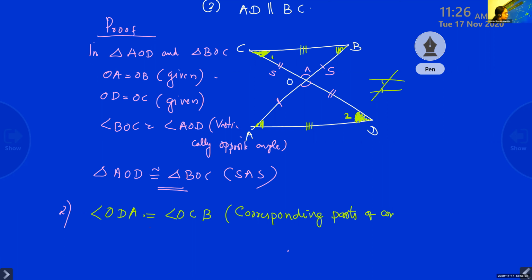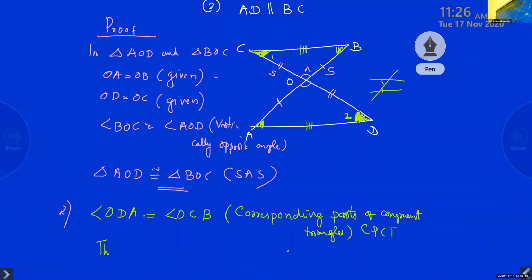We use one abbreviation for this. What is that? CPCT. Do you remember all those things? CPCT, corresponding parts of congruent triangles.